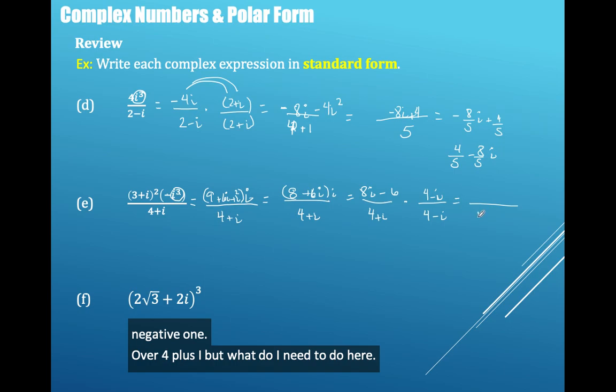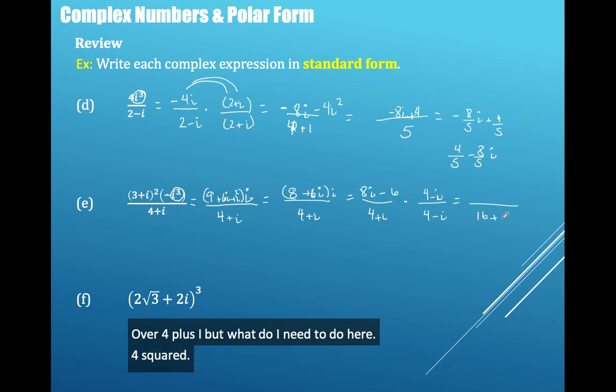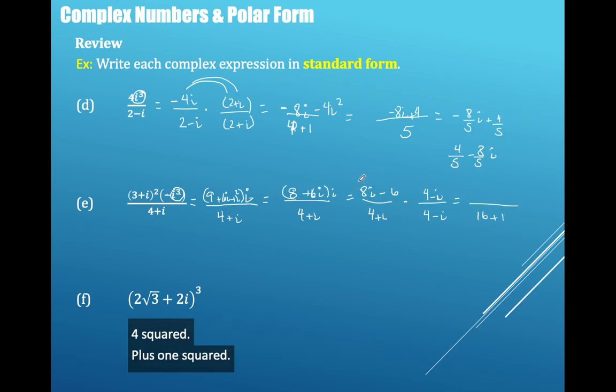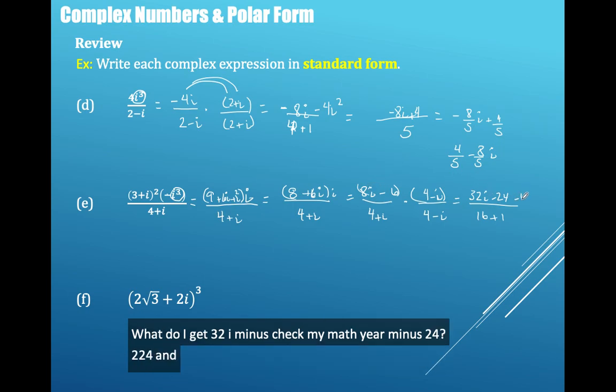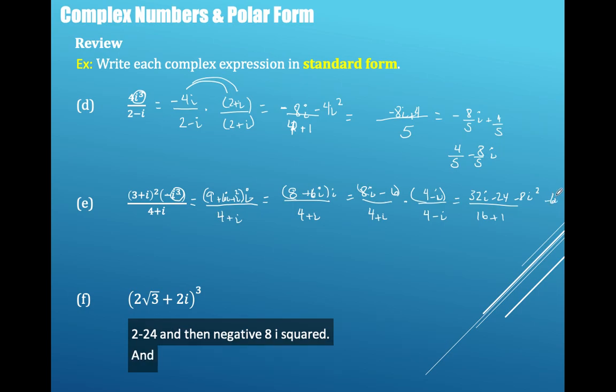Four squared plus 1 squared, and then I need to multiply that. So what do I get? 32i minus, check my math here, minus 24. 32 minus 24, and then negative 8i squared, and minus 6i.